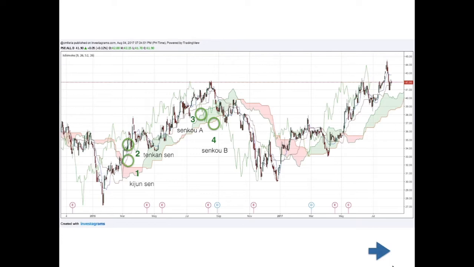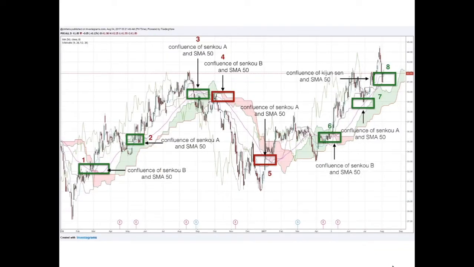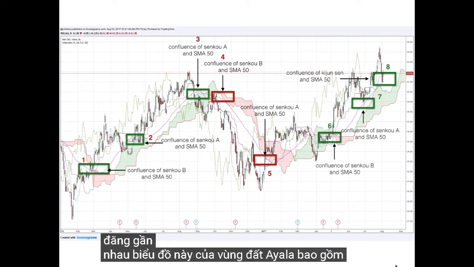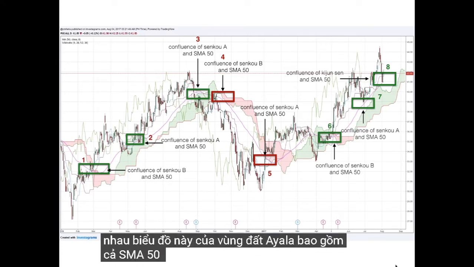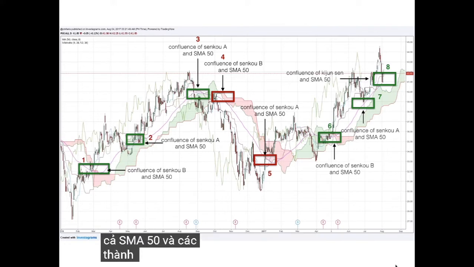Now, despite their differences, there are points in the chart where Ichimoku components and the simple moving averages fall in close proximity to each other. This chart of Ayala Land includes both the SMA 50 and the Ichimoku components alongside each other.